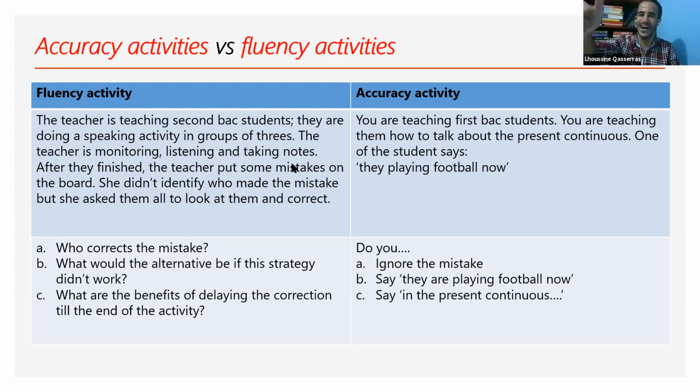Self-correction is number one. Say they are playing football now. This is the third, it's teacher correction. So we start with self-correction. If the student cannot correct herself, then peer correction, help from the learners. If the learner cannot help his classmate, then the teacher.